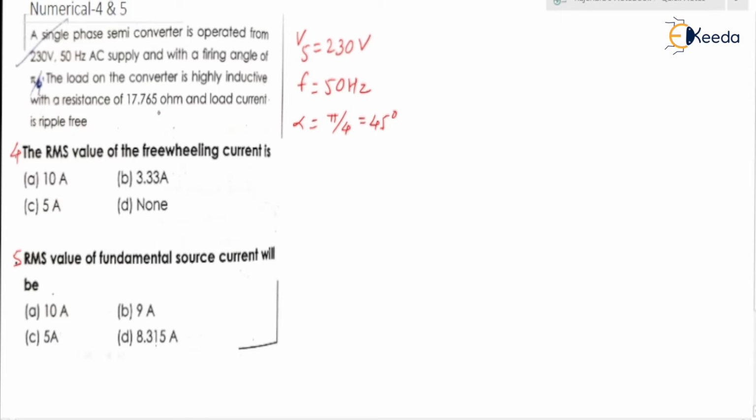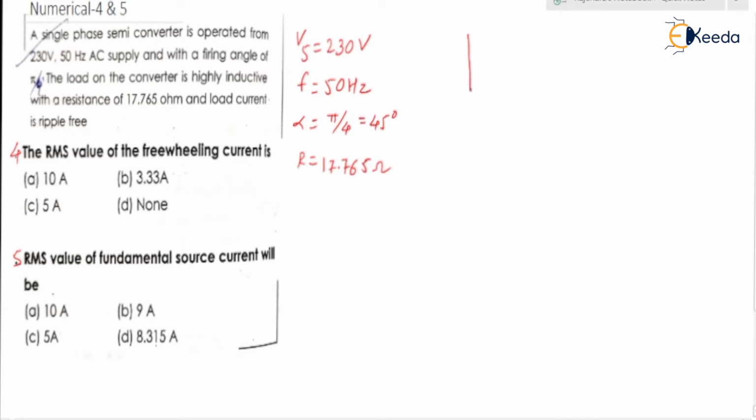Next, the load on the converter is highly inductive with a resistance R equal to 17.765 ohm. And the load current is ripple free. It is given that the load current is ripple free, meaning I0 is a constant.